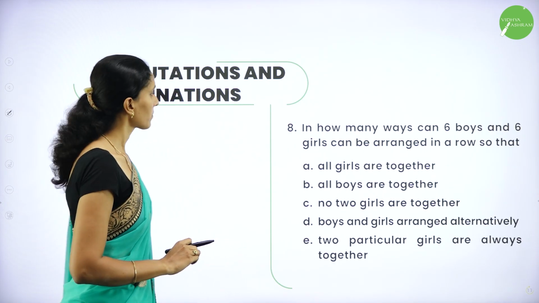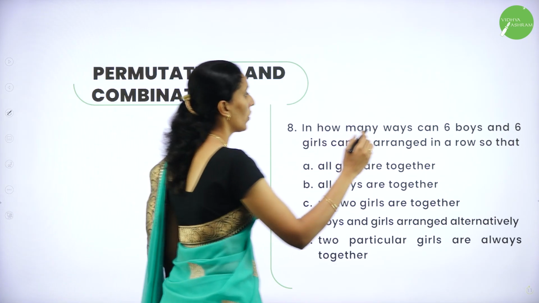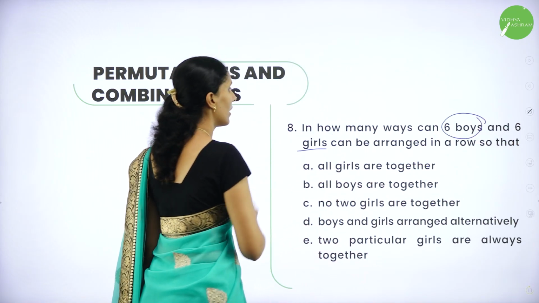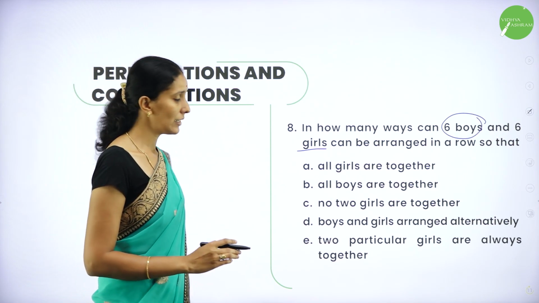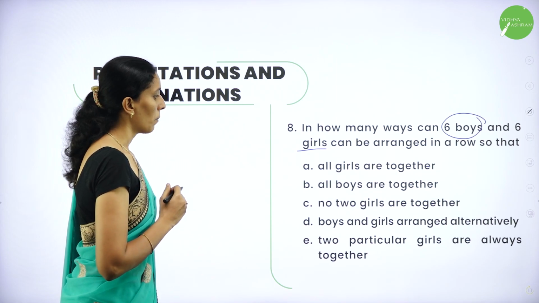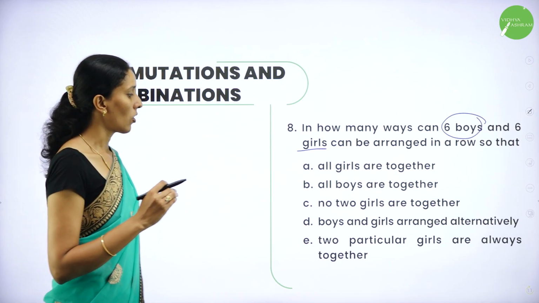Next question. In how many ways can 6 boys and 6 girls be arranged in a row so that all girls are together, all boys are together, no 2 girls are together, boys and girls are arranged alternatively, two particular girls are always together.